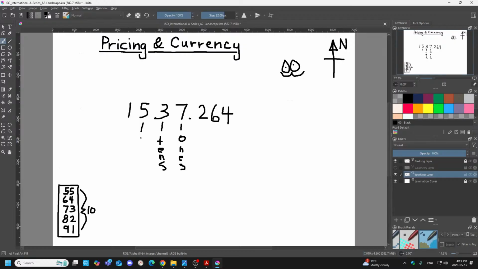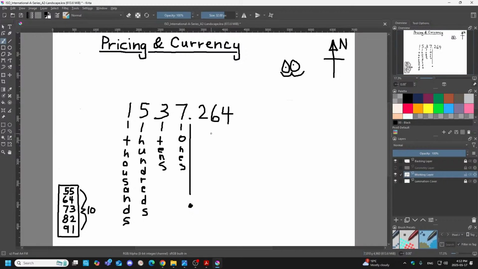Ones, tens, hundreds, and thousands. Okay, ones, tens, hundreds, thousands. Of course, this is the decimal.